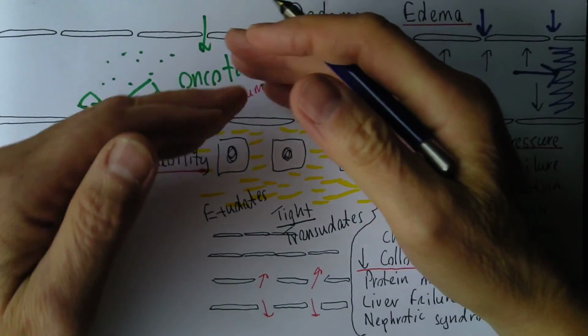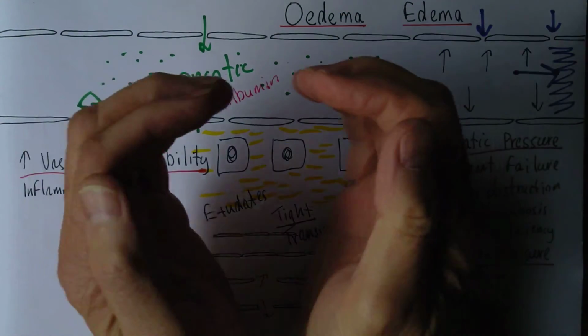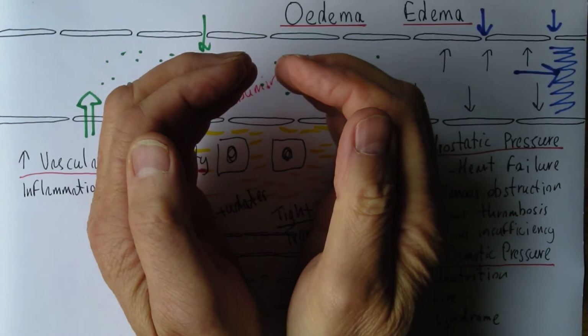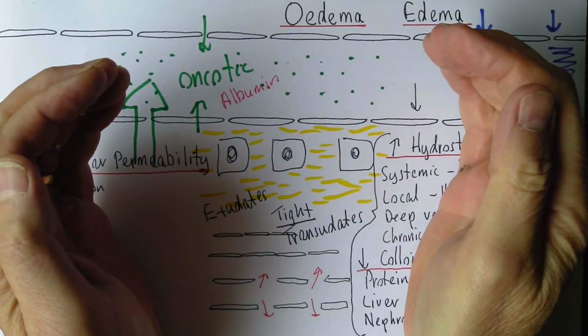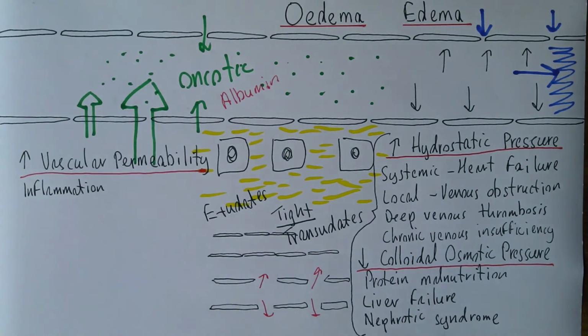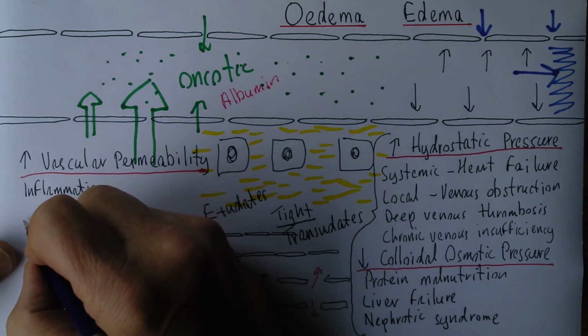The walls are looser. So if you think about the individual cells, if the capillary is going to dilate, it's going to increase the size of the gaps. There's going to be inflammation. So there could be peritonitis, tuberculosis. And this also occurs in malignancy.